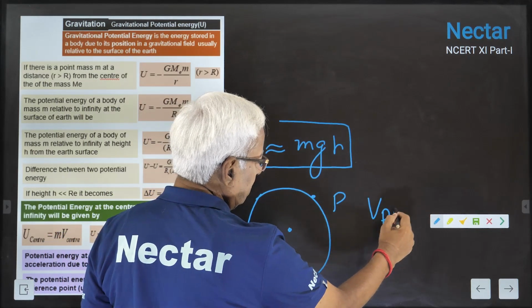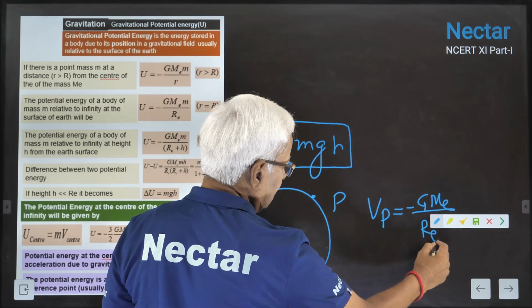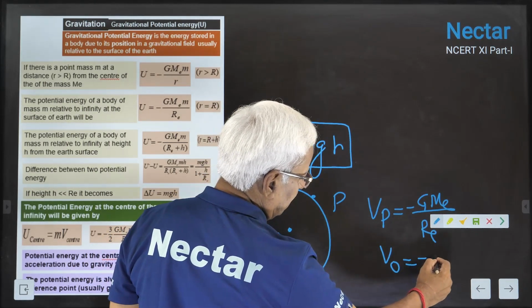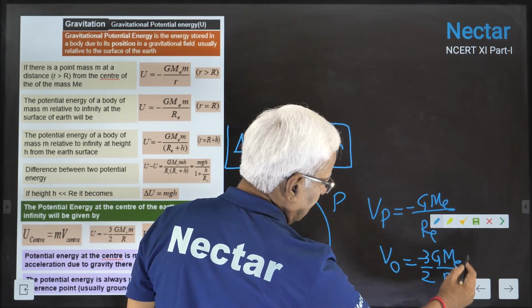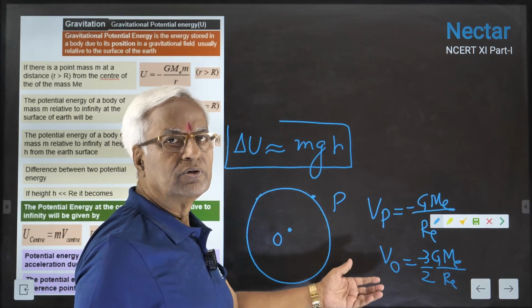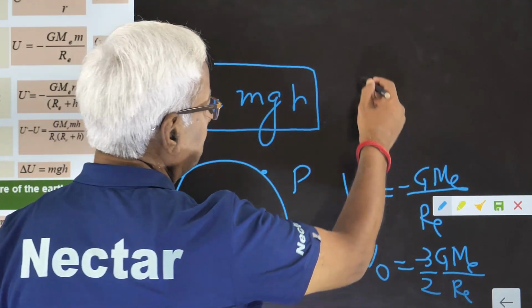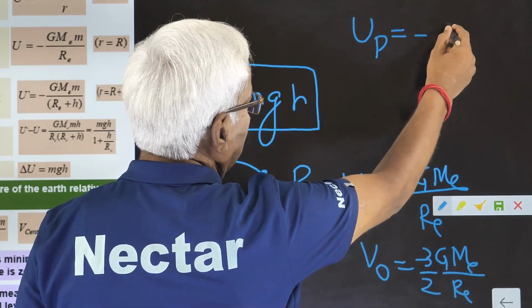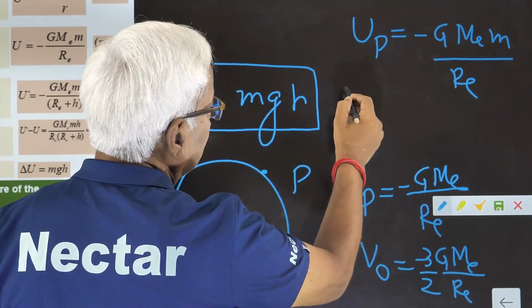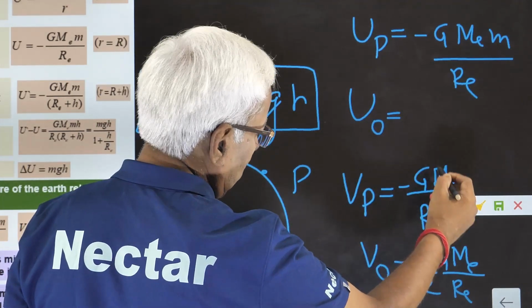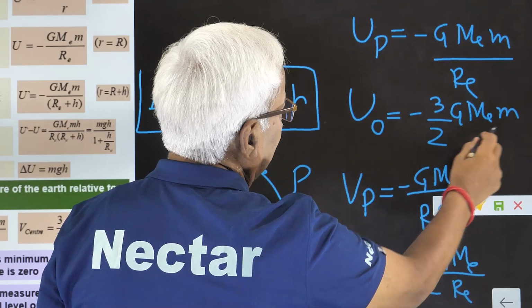The potential at point P will be minus GME upon RE, and that at O it will be minus 3 by 2 GME upon RE. You might have studied potential. When you talk about potential energy, you simply multiply by m. Likewise, potential energy at O, that is the center, will be minus 3 by 2 GME upon RE.